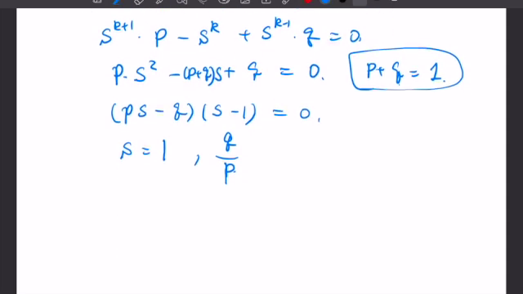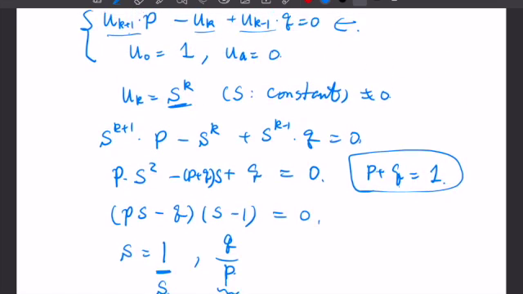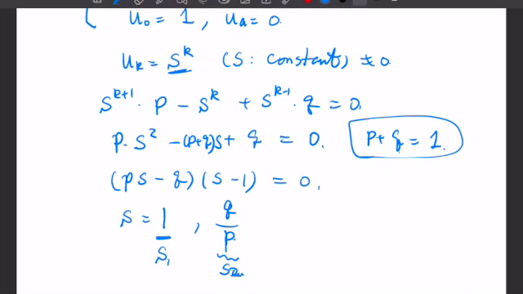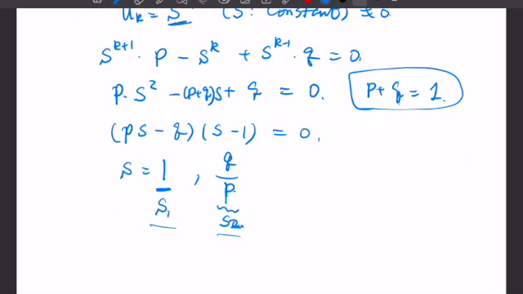Okay, now let's call this value s1 and this value s2. So these are the two possible solutions for this difference equation. And the general solution will be a linear combination of these two solutions.